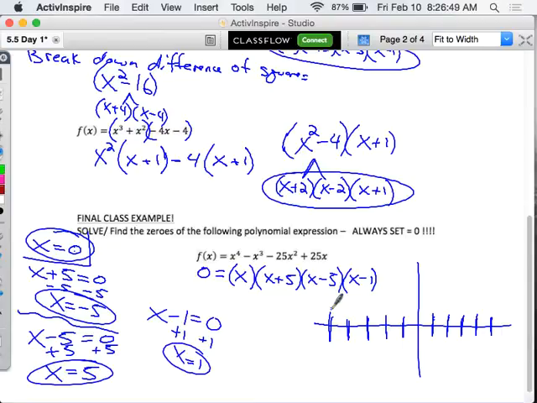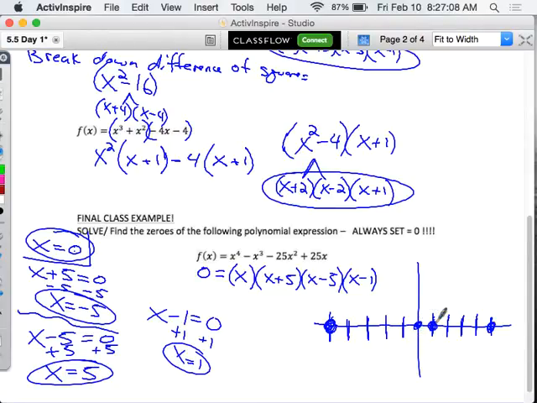Okay, so we have zeros. So we cross the x-axis at 0, negative 5, positive 5, and positive 1.